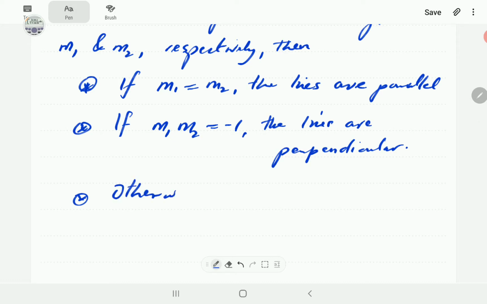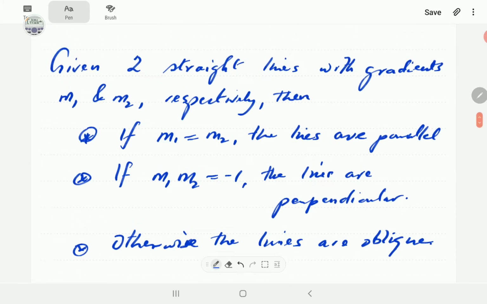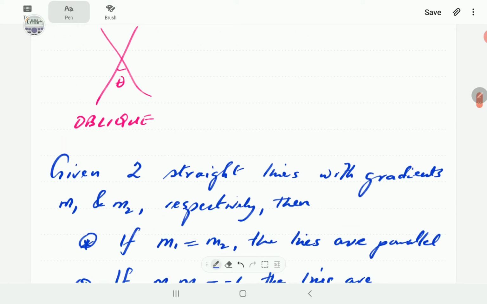Now if neither m1 is equal to m2, nor m1 times m2 is equal to -1, then the lines are said to be oblique. So otherwise the lines are oblique. Right, so that is the theoretical side of things.